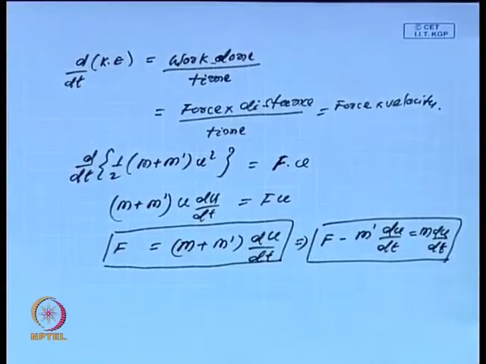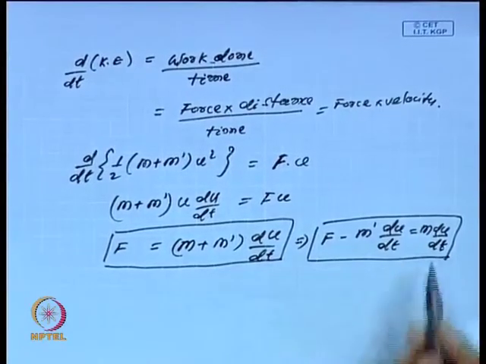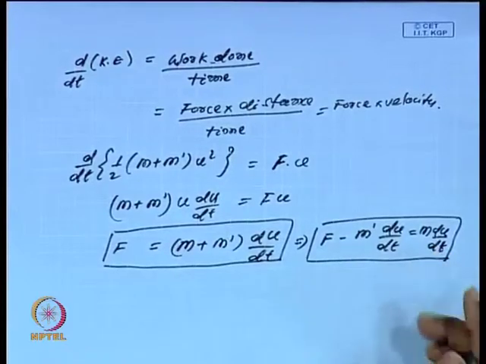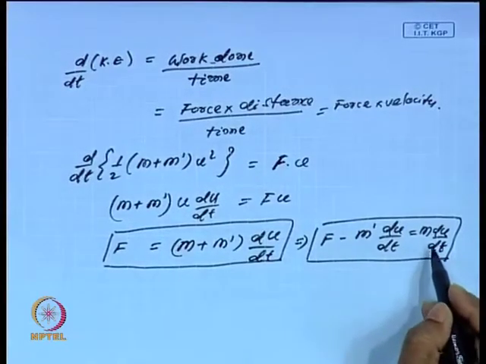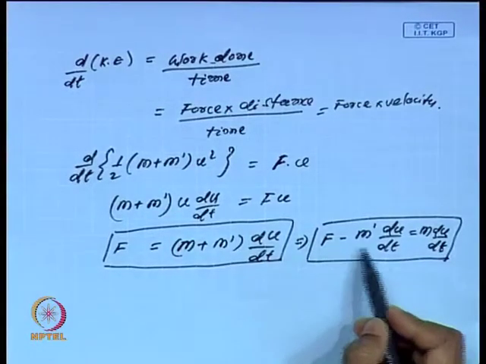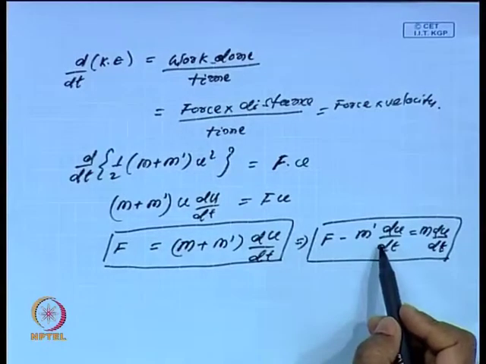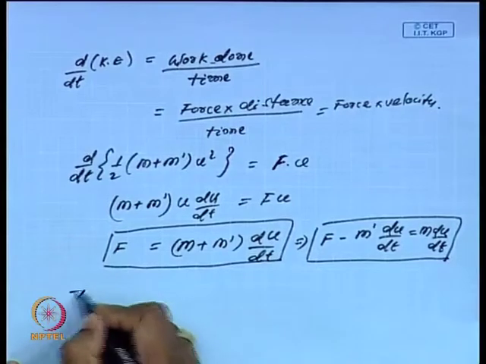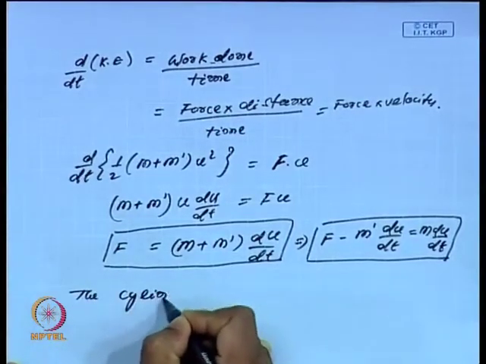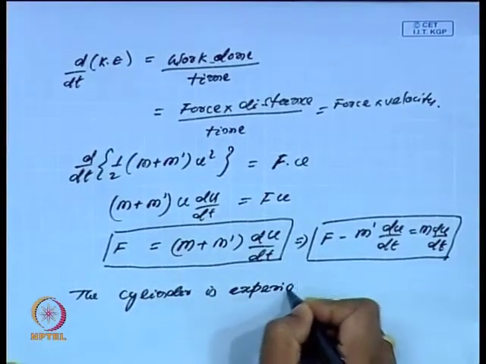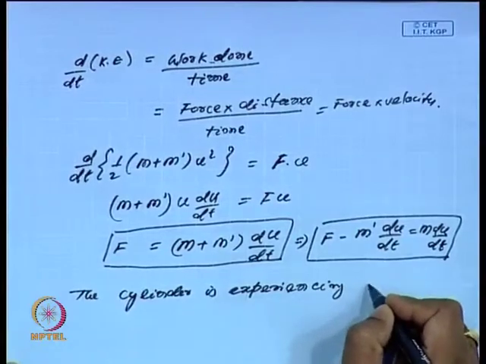So, what is happening here? F minus m prime du by dt is m du by dt. M du by dt is the force that is acting on the cylinder per unit time. What is happening here is the total external force minus m prime du by dt, because this is associated with the displaced mass. So what it says is that the cylinder is experiencing a resistance to its motion.